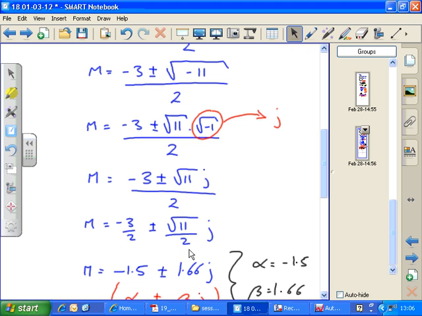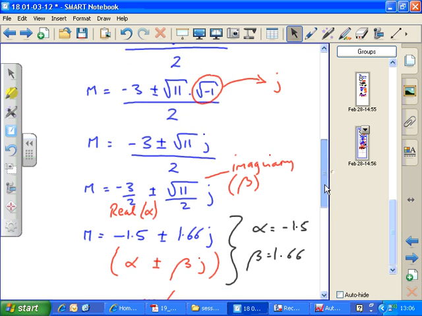And that then gives me my real part of the solution. So this is the real part, and that's alpha, and this is the imaginary part, and that's beta. So that now gives me alpha and beta that I can put into my solution.